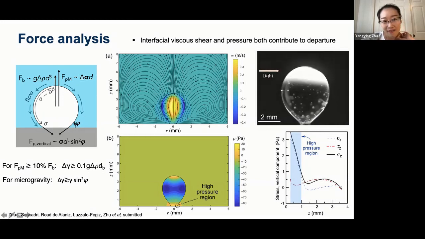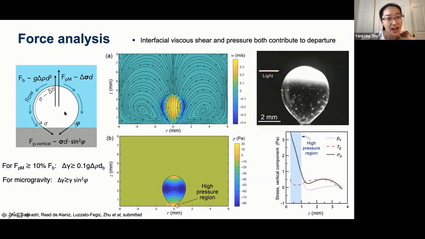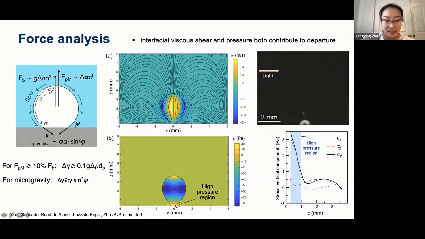For example, when you have an air bubble on a substrate, the buoyancy, FB, scales with the bubble diameter to the third power. You also have the pinning force due to surface tension at the base of the bubble.